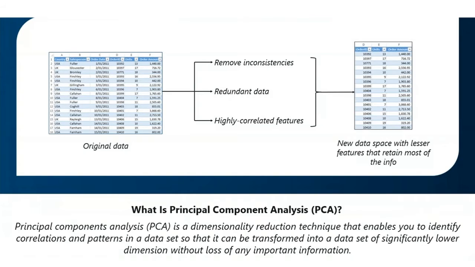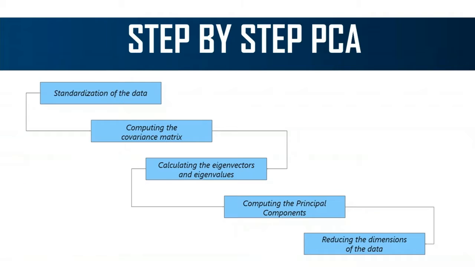That means the order ID, units, and the order amount. These three attributes will give the maximum information. The attributes which give the major representation of the data are called the principal components.